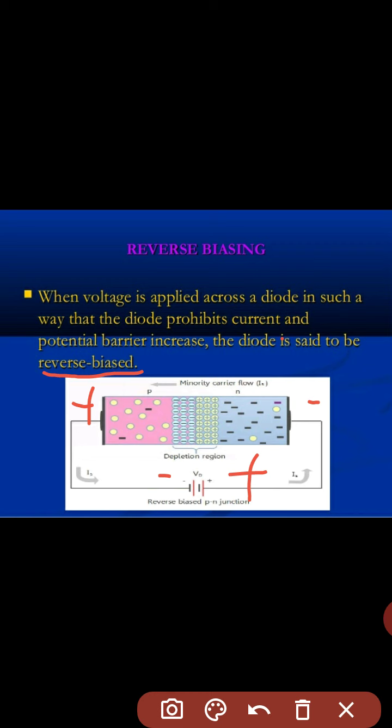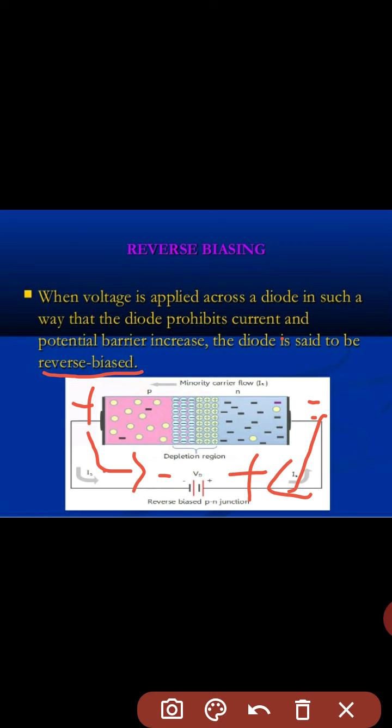So here, due to the strong force of attraction between the negative terminal of the battery and the positively charged holes from the p region, and also between the negative electrons from the n side and the positive terminal of the battery, the electrons and holes start moving away from the junction like this.